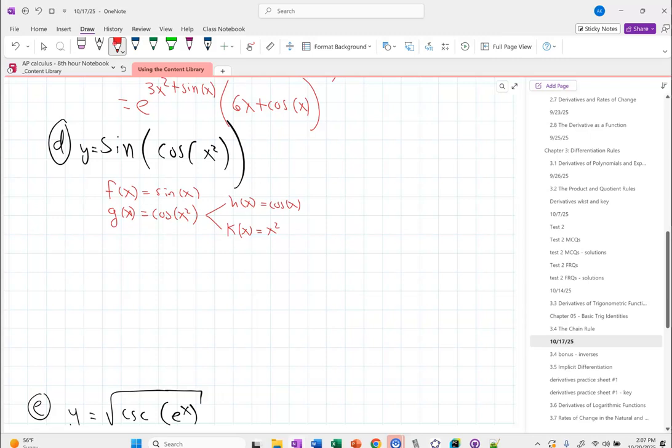Everybody okay? All right. So let's start. The derivative of the outside is cosine of the inside, the innermost function, so that's my g still, times the derivative of my inner function.